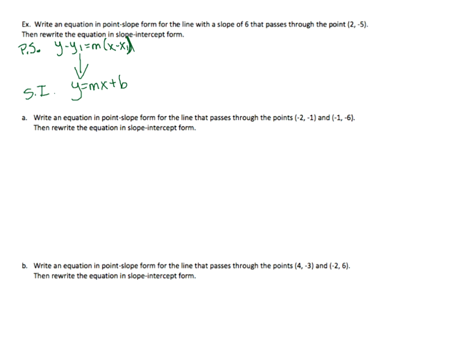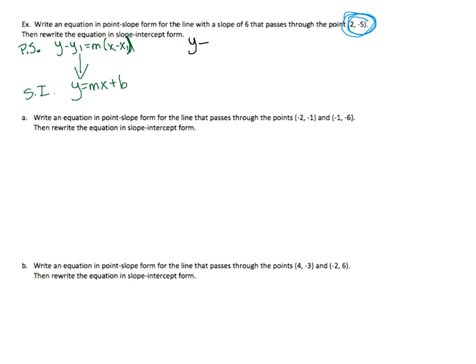Okay? So the first thing I need to do is plug my known information into point-slope form, y minus y1 equals m times x minus x1. Well, that first y stays, so y minus. Okay, y sub 1, here is my known point or given point.